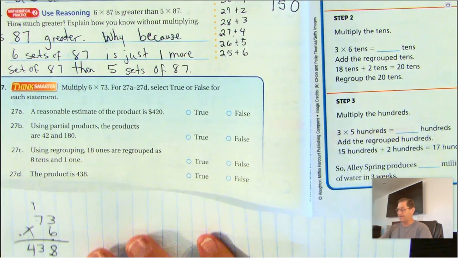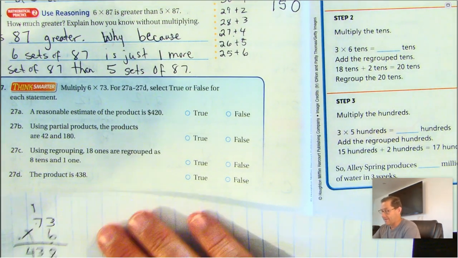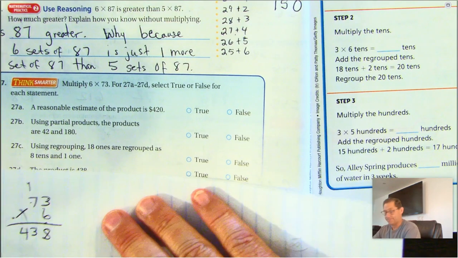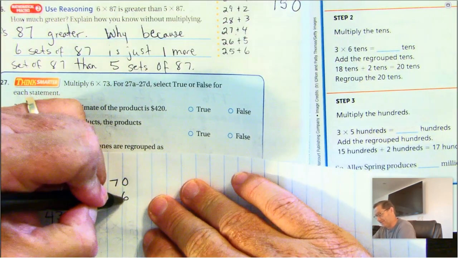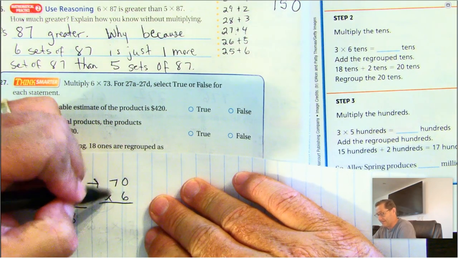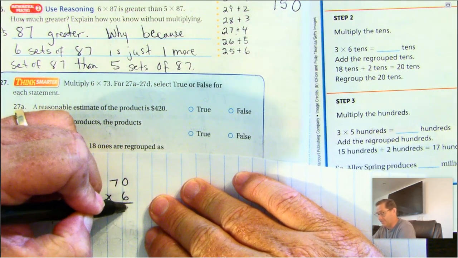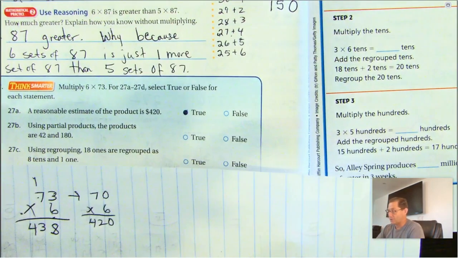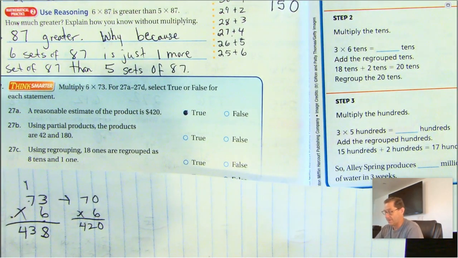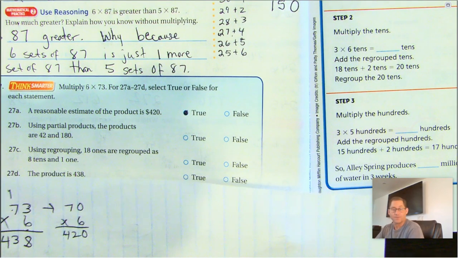So we get 438. So is a reasonable estimate 420? Well, 73 gets rounded down to 70 times 6. 6 times 7 tens is 42 tens, or 420. So yeah, that's true. Using partial products, the products are 42 and 180.